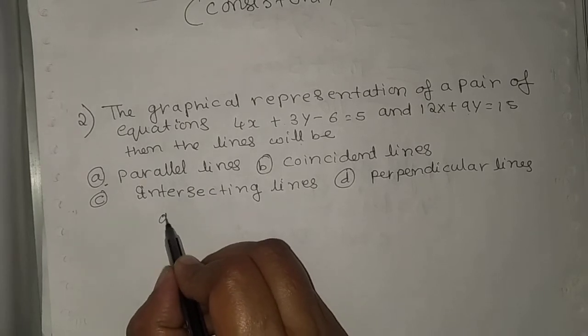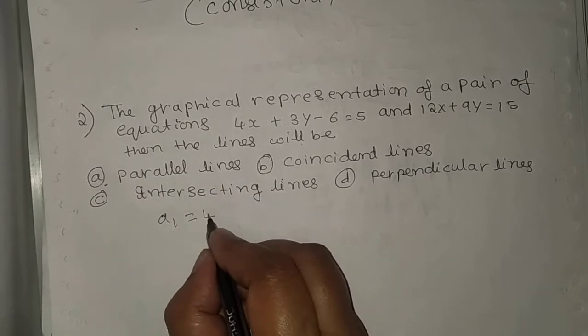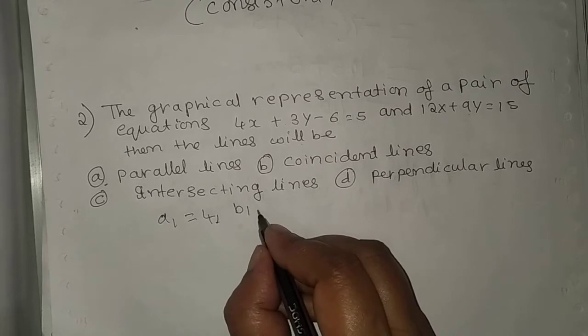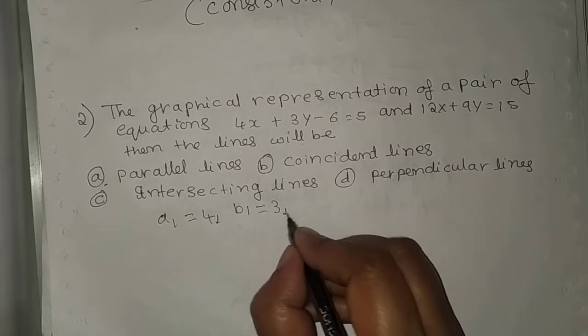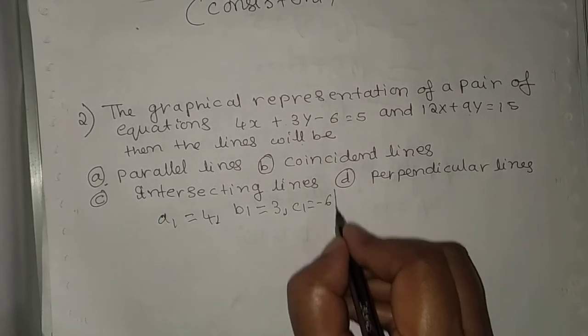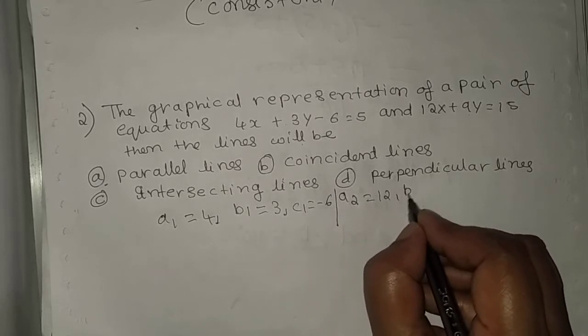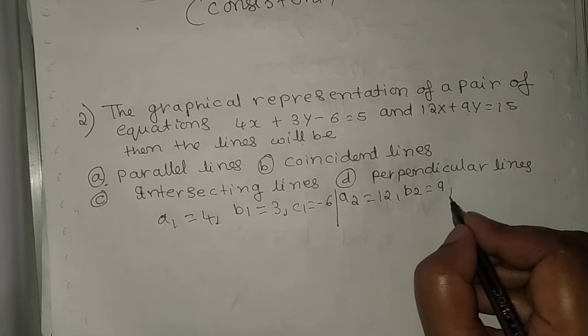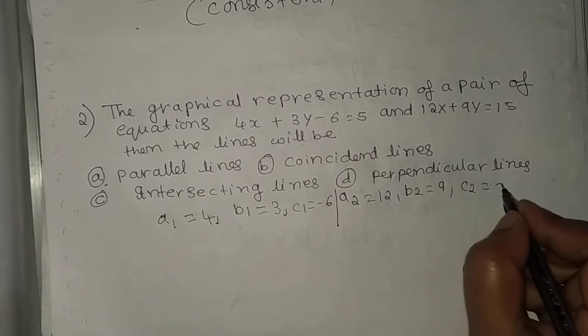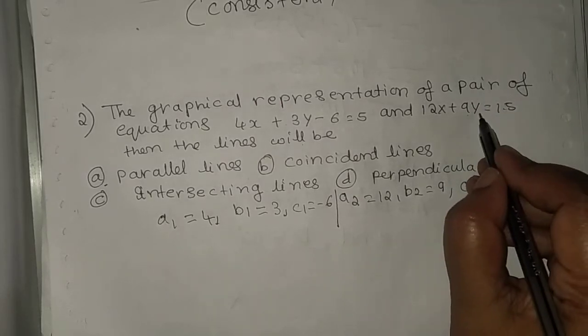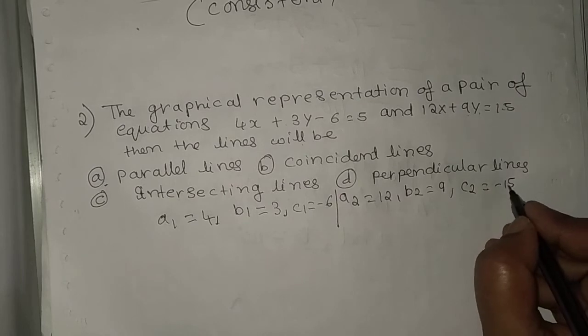In the first equation, a1 is equal to 4, b1 is equal to 3, then c1 is equal to minus 6. Similarly in the second equation, a2 is 12, b2 is 9 and c2 is minus 15. Because 15 comes inside, this becomes minus.